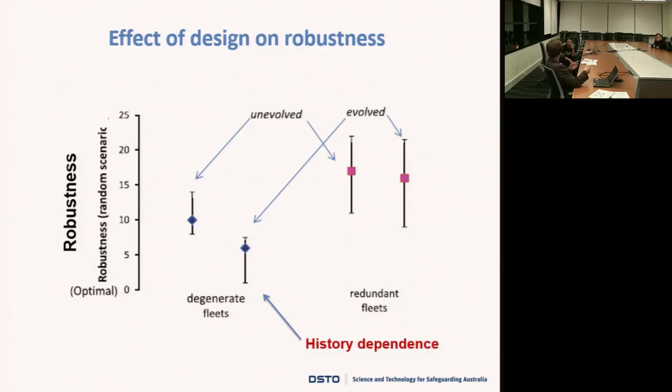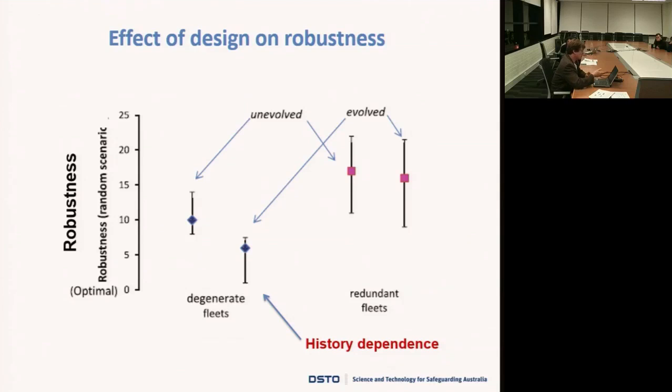So there's a little bit more that contributes to robustness than just degree of degeneracy, so there must be other aspects in the topology. We haven't analyzed that yet, but that's something as an open problem.